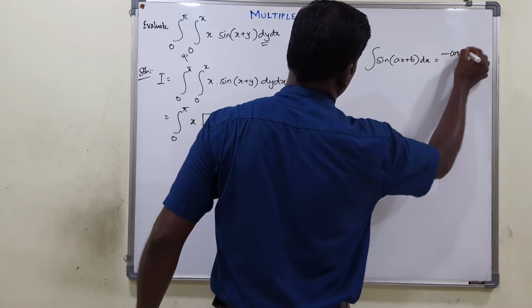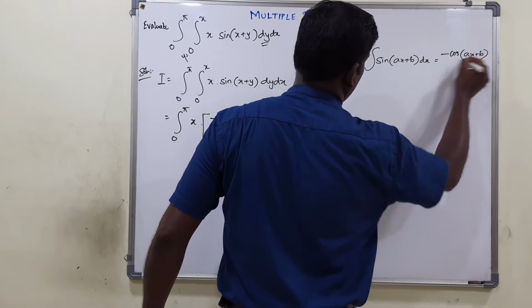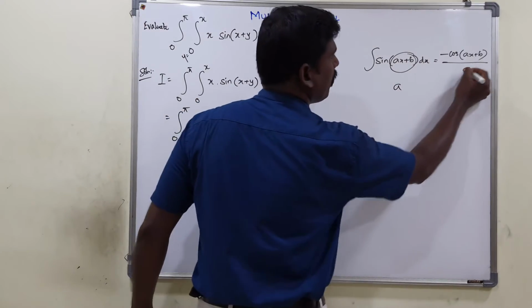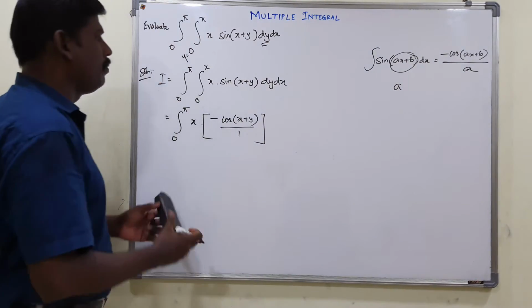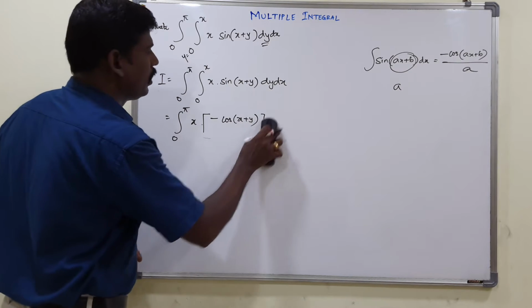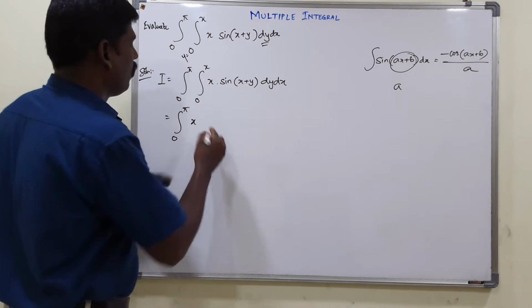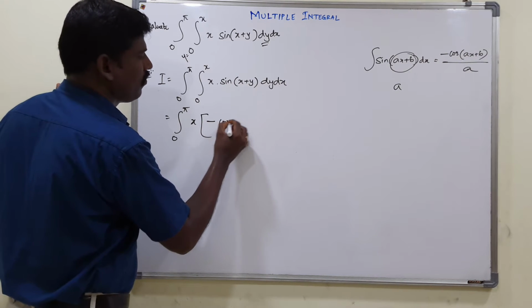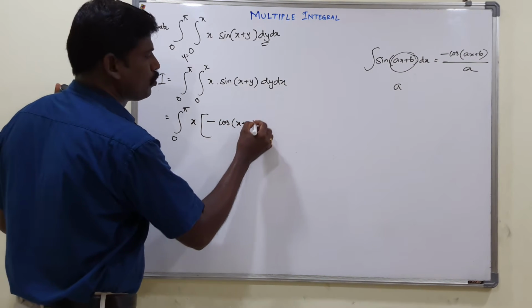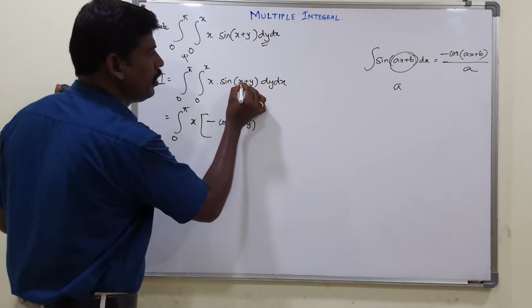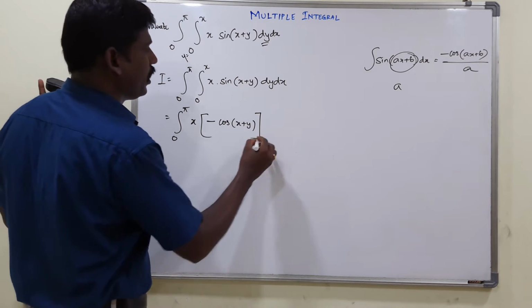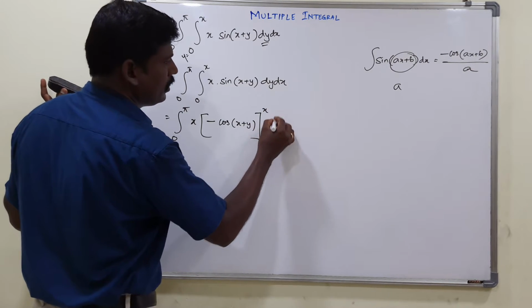Minus cos of ax plus b, divided by the derivative of ax plus b, which is a, written in the denominator. Same like that, sine of x plus y can be written as minus cos of x plus y divided by the derivative, which is 0 plus 1, 1. So no need to write it in the denominator. So 0 to x into dx.